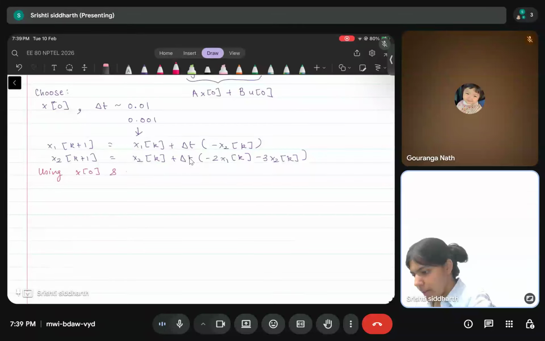Then take x0 and some delta t, and verify this discrete solution.